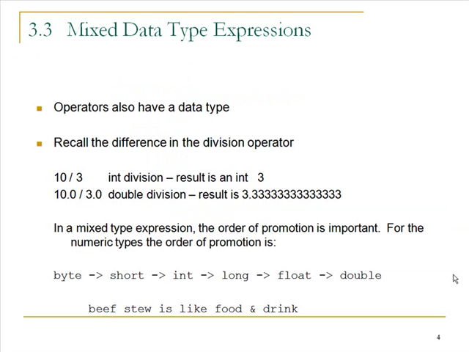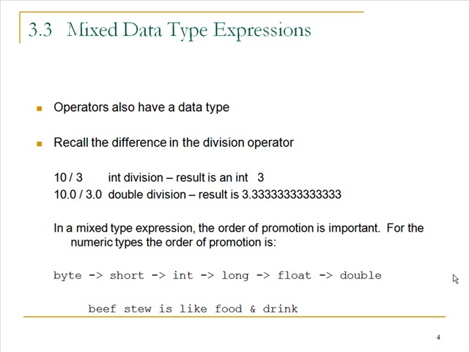Okay, let's talk a little bit about mixed type expressions, and you'll start to get the idea of why it's important that you know the order of the data types. So in the previous segment we talked about the difference between integer division and double division. So we were working with int and double, and remember that 10 divided by 3 is different from 10.0 divided by 3.0.